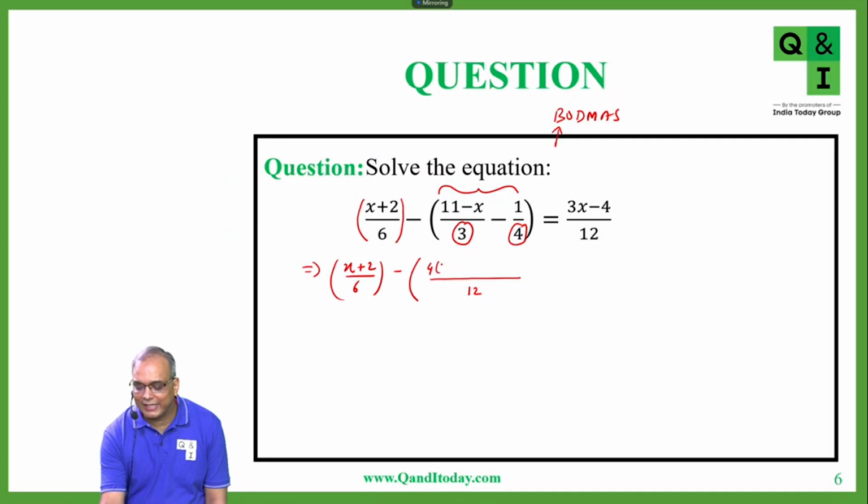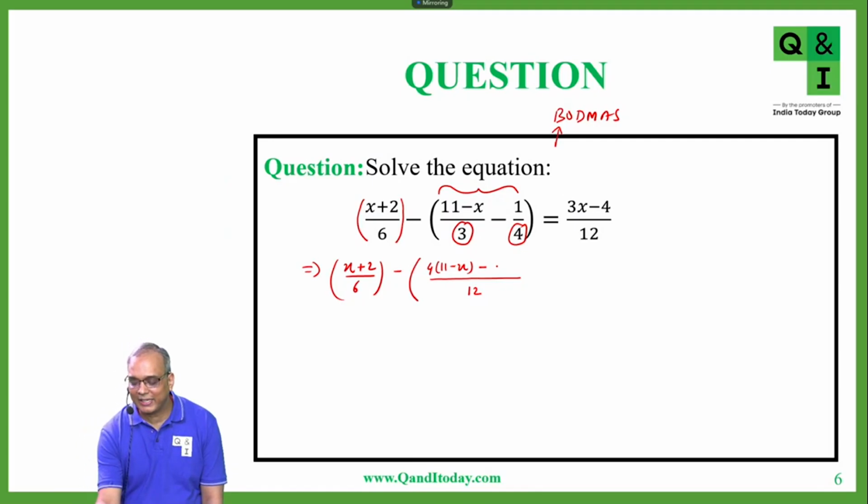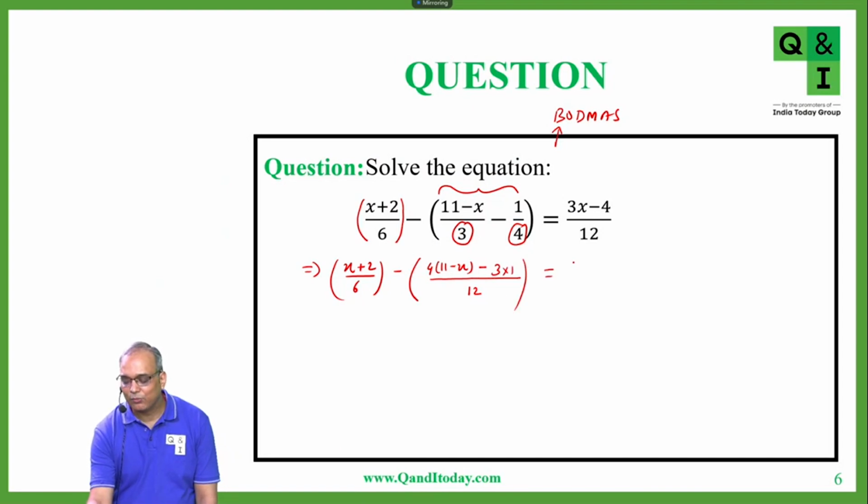So here we'll get 4 times 11 minus x, right? Minus of, here because in 1 by 4, the denominator is 4, we'll multiply by 3 in both the numerator and denominator. We will have 3 times 1 here. This is equal to 3x minus 4 over 12, right?